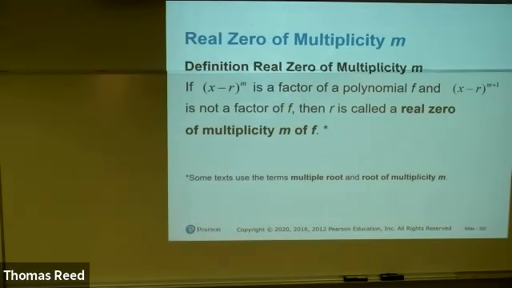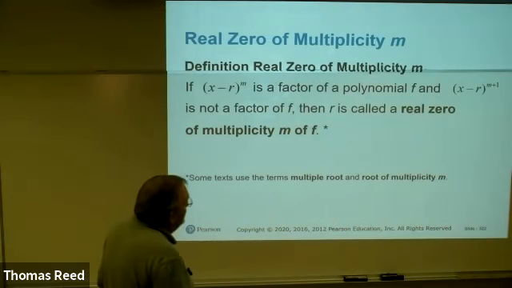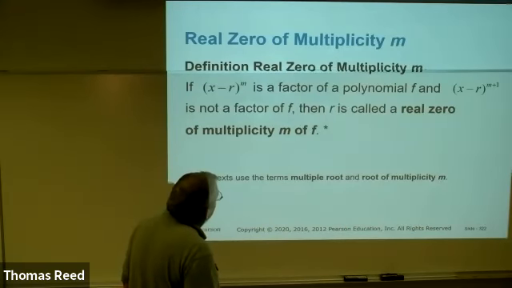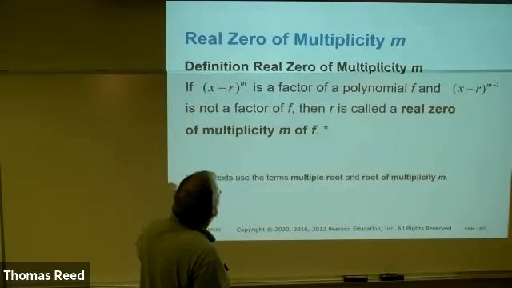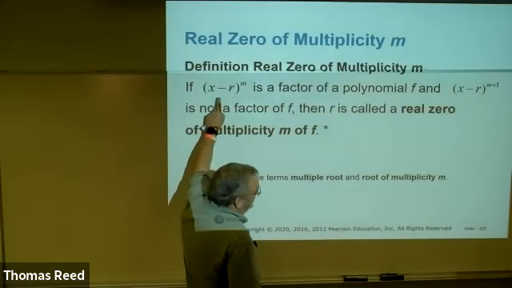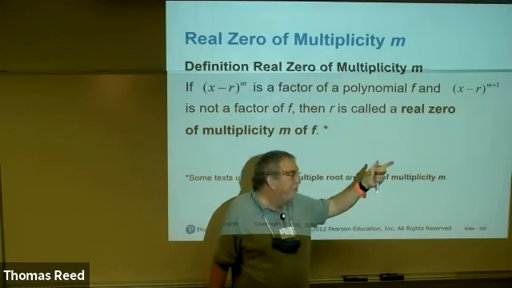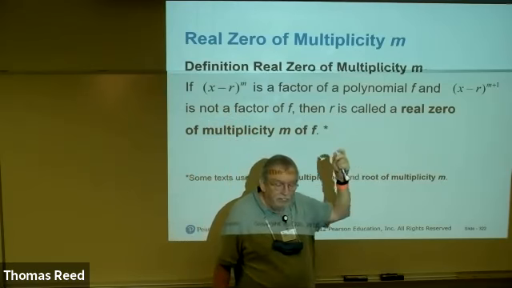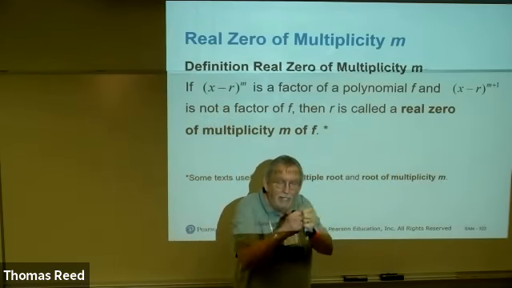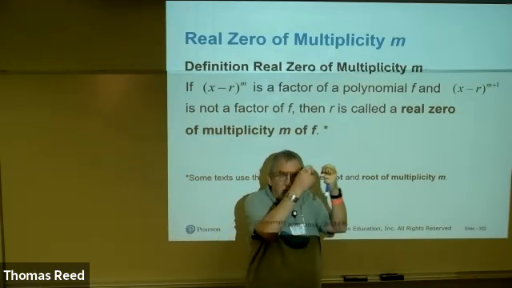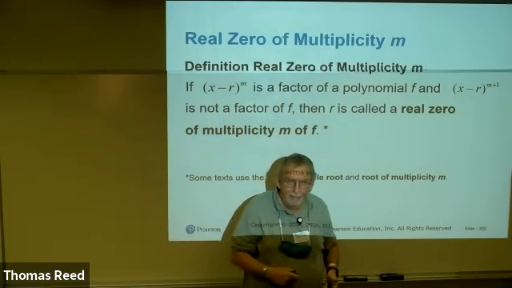All right, real zero multiplicity m. I understand what they're saying here. So basically, if you have x minus r raised to some power, and you have another x minus r to some other power, then you combine them to one term, x minus r to the two exponents being added.